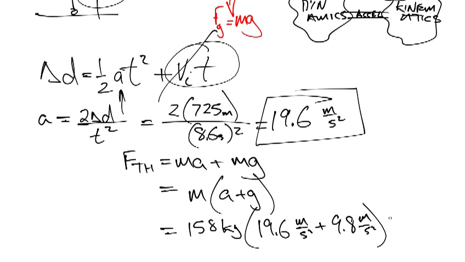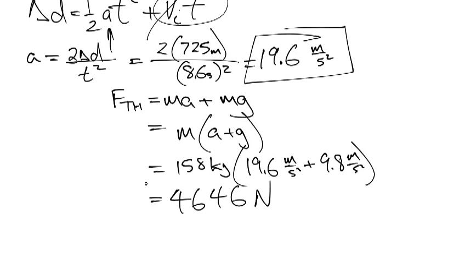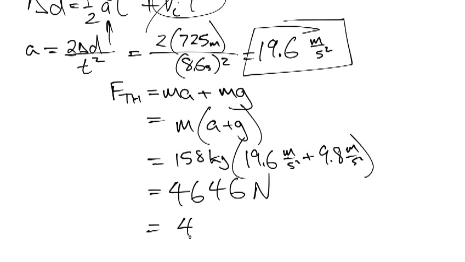And if I do that, I end up with a thrust force equal to 4,646 newtons, or I can say 4.6 kilonewtons. So that's the required thrust force of the rocket. We've solved the problem. Hope you enjoyed it. See you next time.